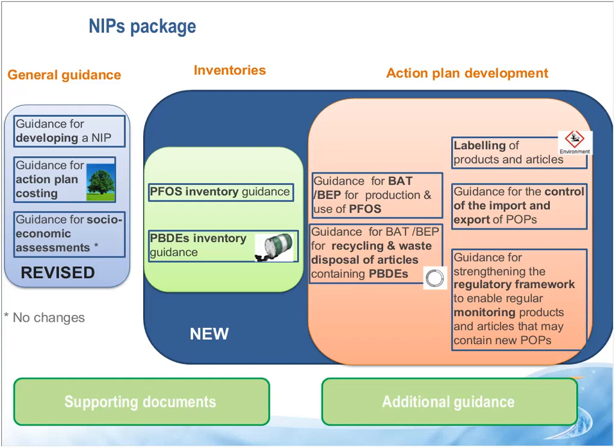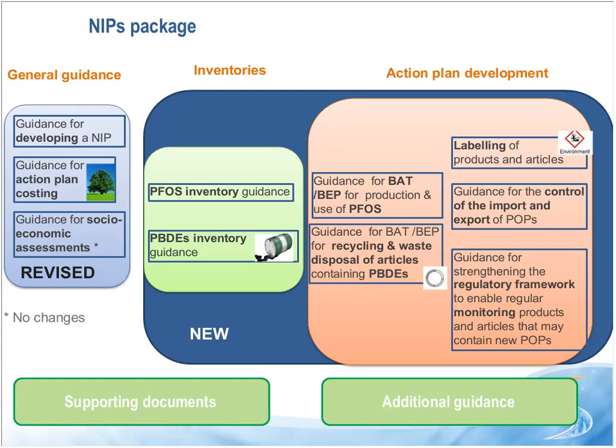The guidances called Action Plan Development Guidance are related to the best available techniques and best environmental practices. In the case of PFOS, it's for the use of PFOS, and in the case of the PBDEs, it's a guidance to address recycling and waste disposal of articles.